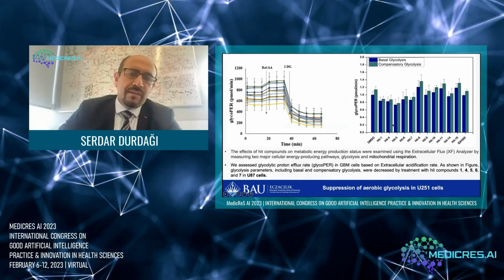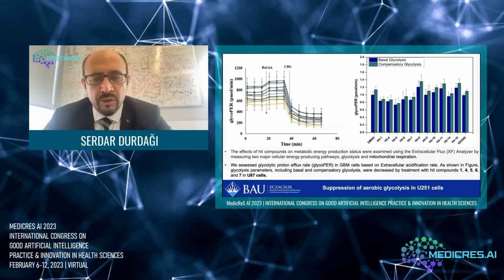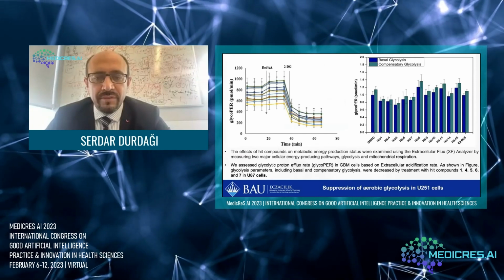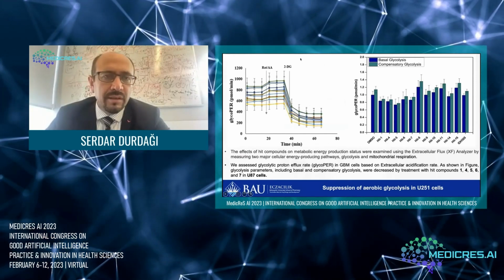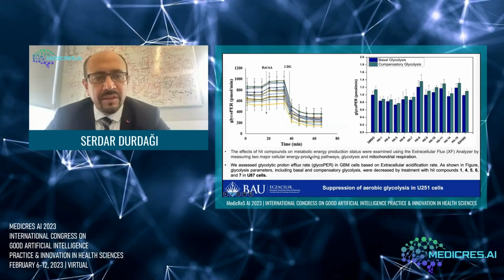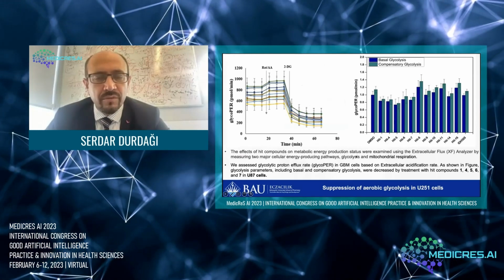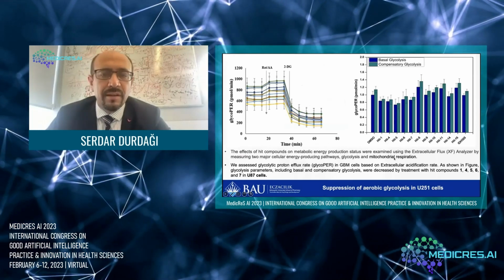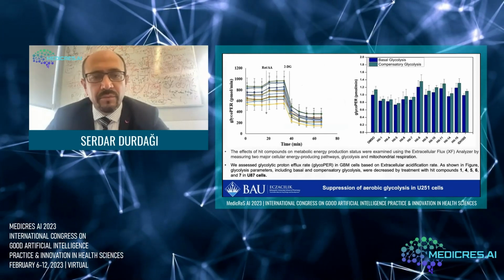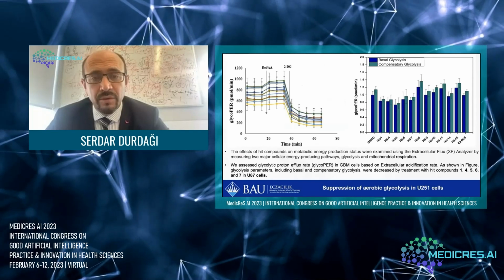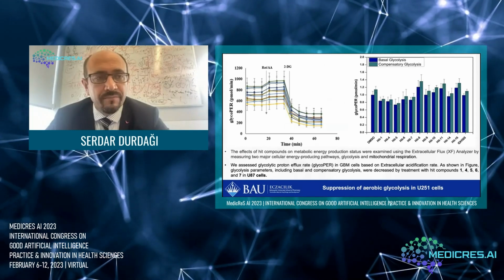We also checked the suppression of aerobic glycolysis in U251 and U87 cells. Here, the effect of the compounds on metabolic energy production was examined using the extracellular flux analyzer, by measuring two major cellular energy producing pathways, glycolysis and mitochondrial respiration.